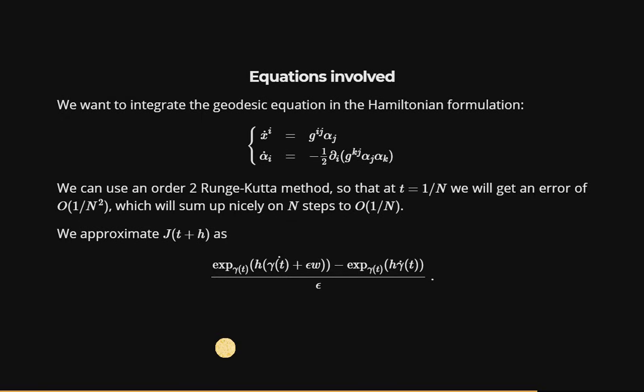Then you approximate J(t plus h) as the following quotient. Why? Well, this is the derivative of the exponential map at the point, if we did only one step, we wanted just the exponential map from gamma 0. But if we are doing it repeatedly, we have to update the exponential map at every step.